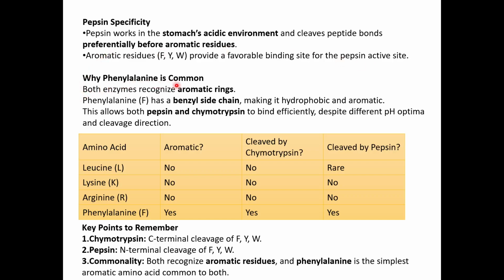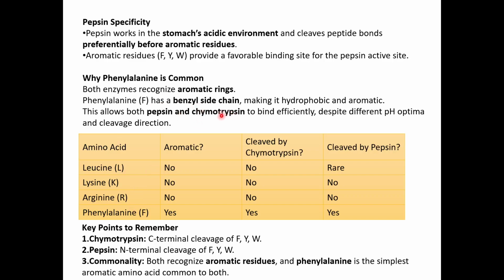Then why is phenylalanine common? Both enzymes recognize aromatic rings. Phenylalanine has a benzyl side chain, making it hydrophobic and aromatic. This allows both pepsin and chymotrypsin to bind efficiently despite the difference in pH optima and cleavage direction. Given the options, we have leucine, lysine, arginine, and phenylalanine.